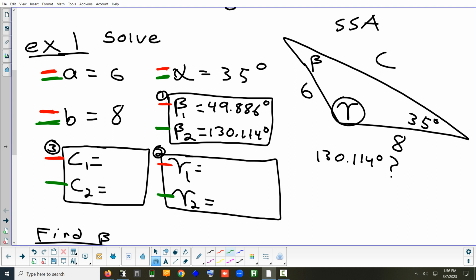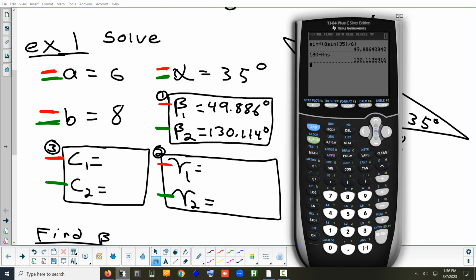Those are the 2 angles that are going to be added together and then subtracted from 180. So 35 plus 49.886 gives me 84.886. Those are the first 2 red angles. Now subtract that from 180. So gamma 1 is 95.114.